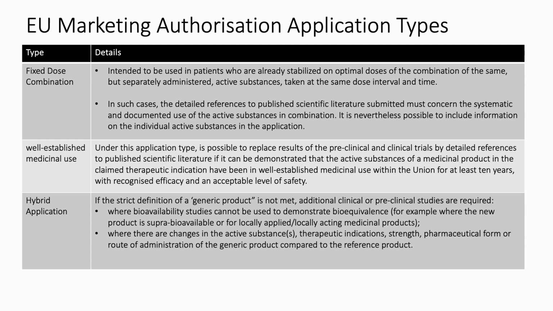So where bioavailability studies cannot be used to demonstrate bioequivalence, for example, where the new product is supra bioavailable or for locally applied, locally acting medicinal products, and where there are changes in the active substances, therapeutic indications, strength, pharmaceutical form, or route of administration of the generic product compared to the reference product.